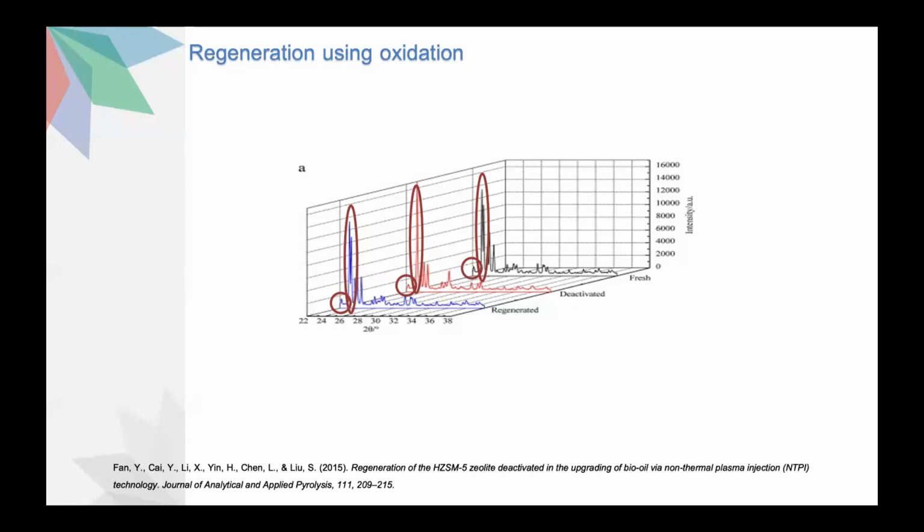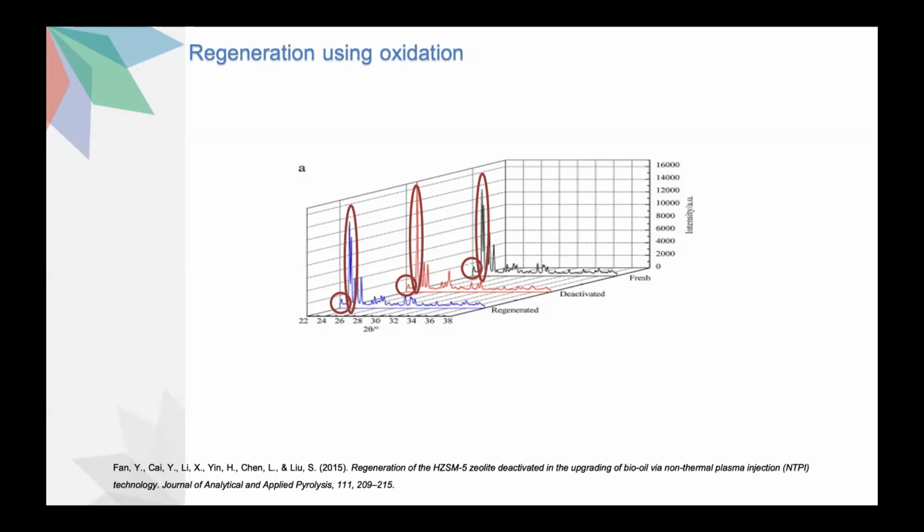They seem basically similar, demonstrating that there was no significant change between deactivated and regenerated HZSM-5 in crystal structure, but some differences can be found in the shape and intensity of some diffraction peaks in the range of 2 theta equal 35 to 38 degrees and 26.5 to 27 degrees.